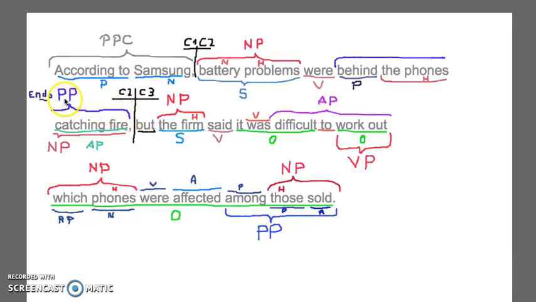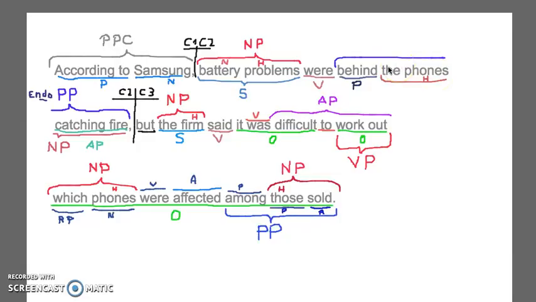This is a prepositional phrase, behind the phones, because we have this preposition and the phones catching fire. The phones catching fire is a noun phrase that is inside this prepositional phrase, and the head word of this noun phrase is phones.